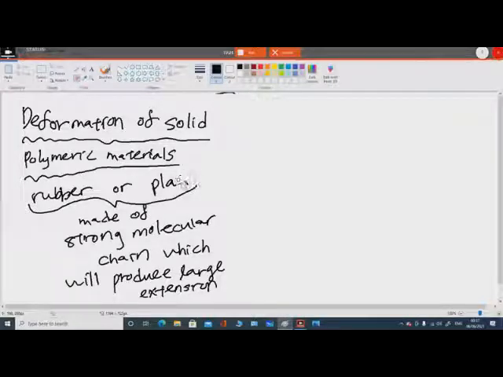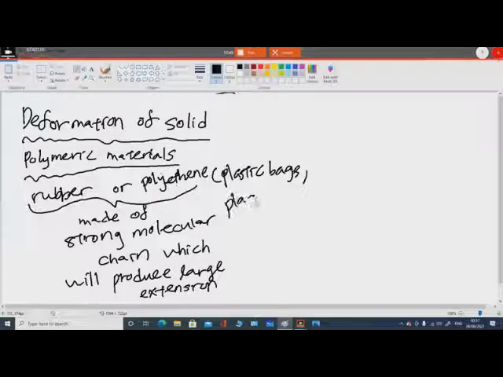Plastic is one of the examples of polyethylene, so I should write polyethylene here. Examples of polyethylene are plastic bags, plastic bottles, and so on.